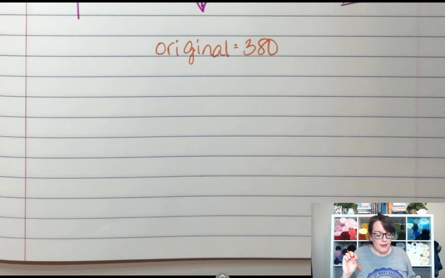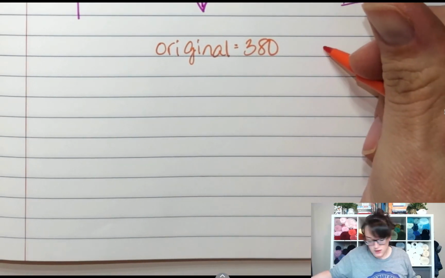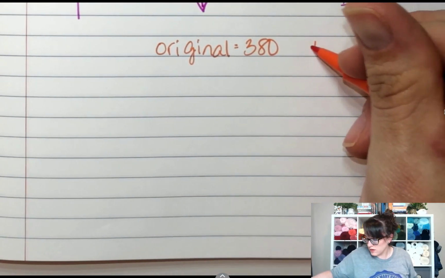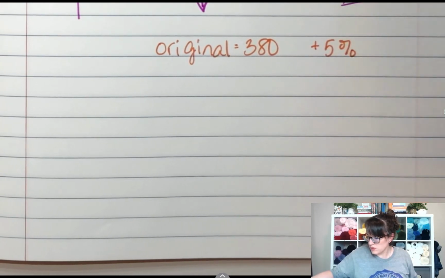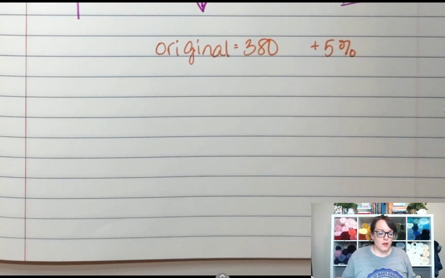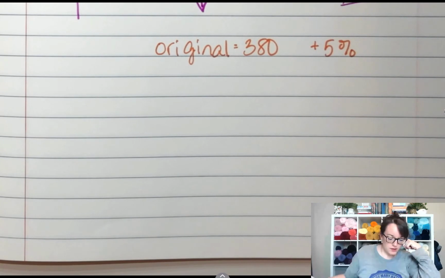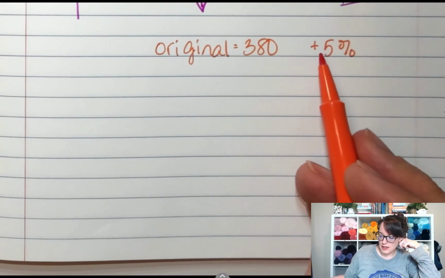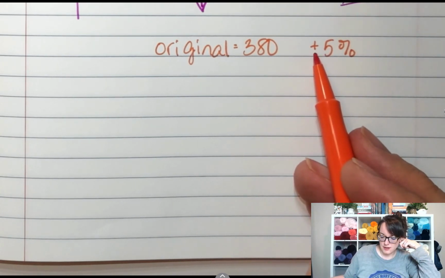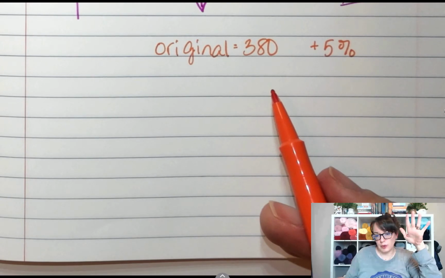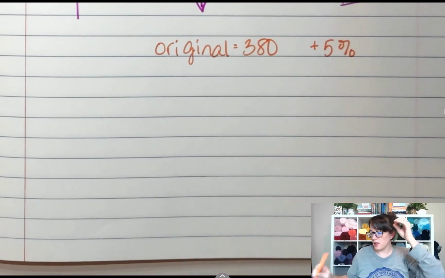I want to add 5% to that. With this one, I would find the 5% and then add it. So it's kind of like the percent proportion with a spin.